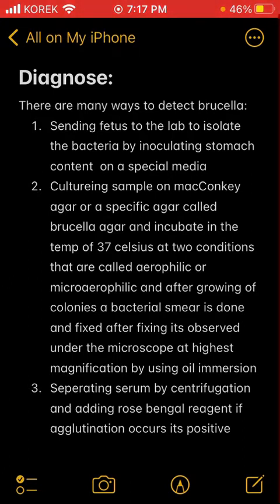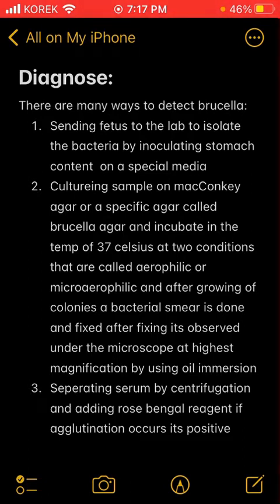Second, we have culturing. We have two media: one general media and one selective media. The general media is culturing the sample on MacConkey agar. I write one of the C's capital to make it easier to read and not get confused.